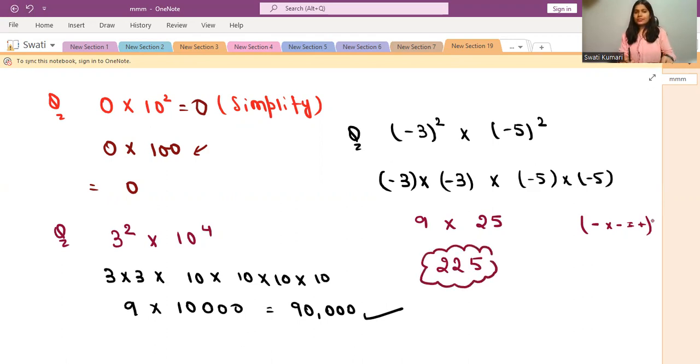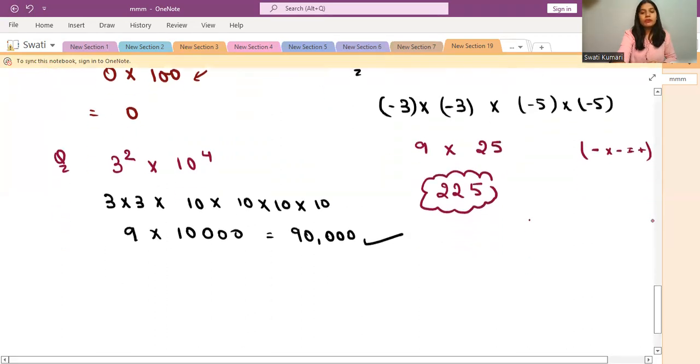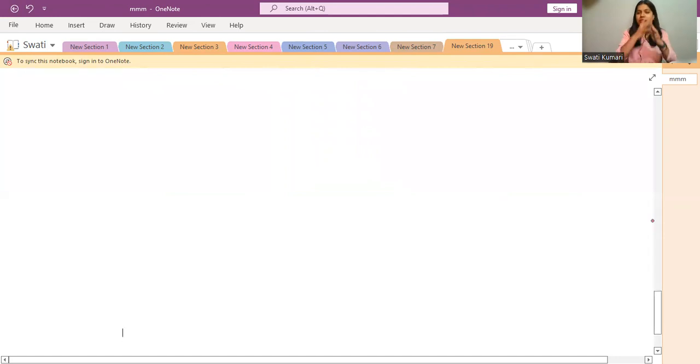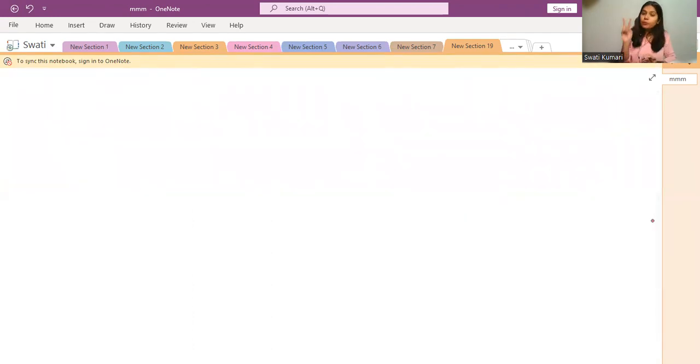I hope you are understanding all the questions which I'm solving here. So yes, now we can go to our next question. Now we are going to solve some questions based on some properties of exponents, which are called laws of exponents. I'm not going to write down the formulas of laws of exponent separately, because I have already uploaded that video in 2 parts, laws of exponent part 1 and laws of exponent part 2.